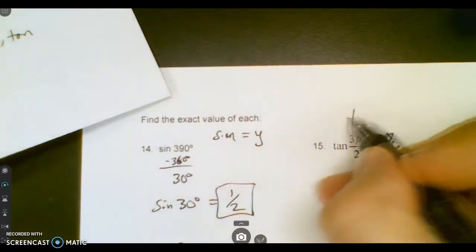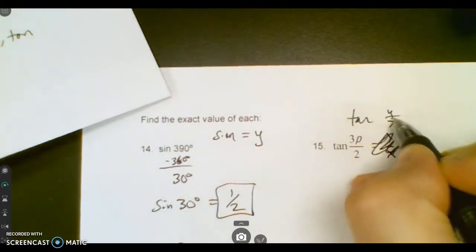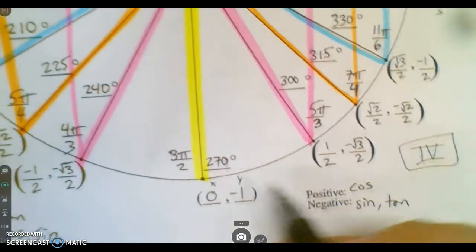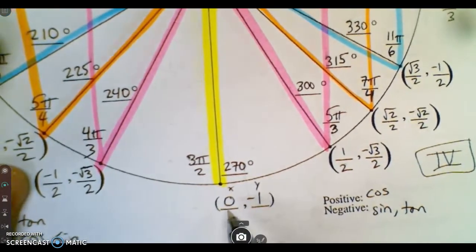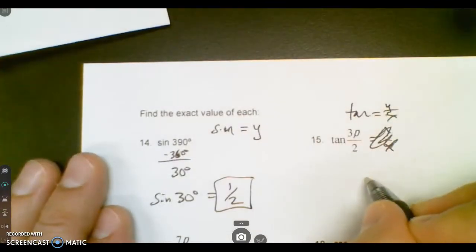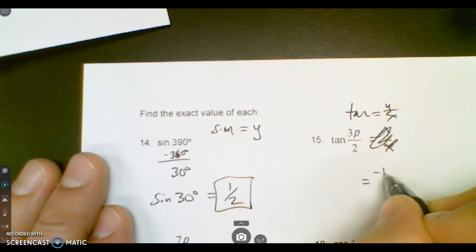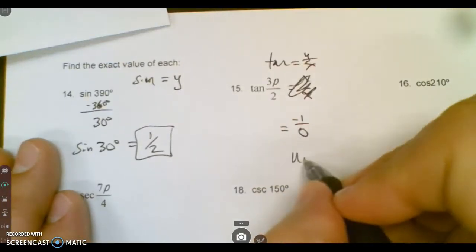Tangent is y over x. So if I go back to this problem and I look, what is the y value? Y value is -1 and the x value is 0. So I'm going to say -1 over 0, which you can't divide by 0, so that one's undefined.